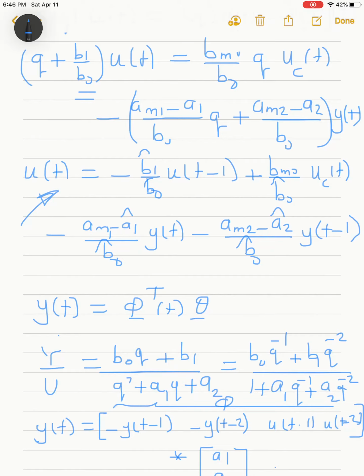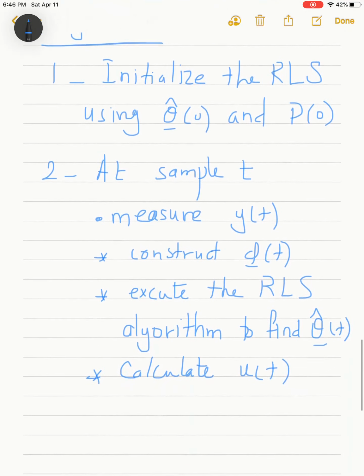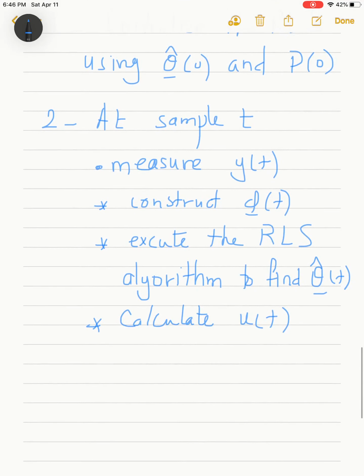That means that we have to make sure that we don't initialize the value of b0 to be 0, and we have to ensure through our calculations that it will also not take a value equal to 0 in order for the control law calculations to be feasible. Now, once we do that, this will complete the calculation of the control signal.